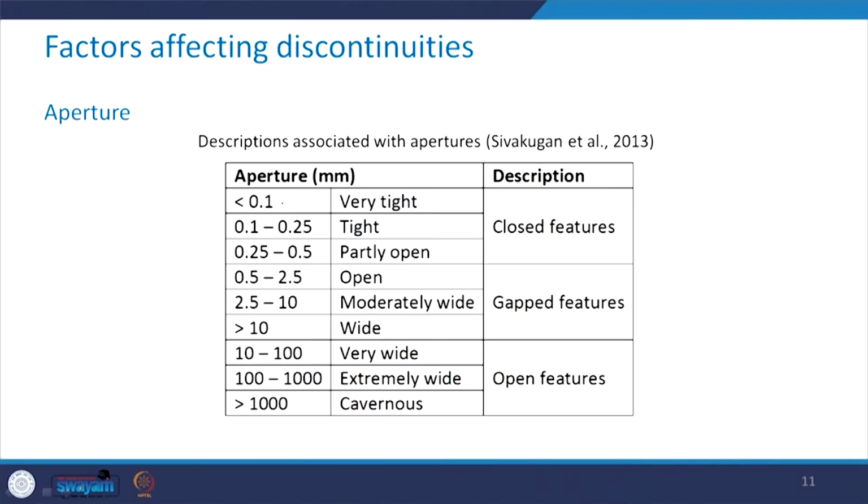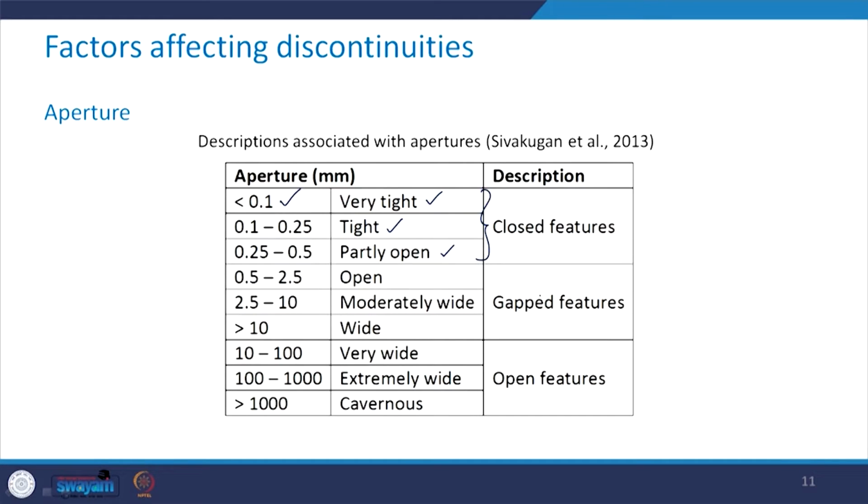If the aperture is less than 0.1 millimeter, it is called very tight. You see the first three categories, that is very tight, tight and partly open, fall under the category of closed features. That means the aperture varies from less than 0.1 to 0.5 millimeter.